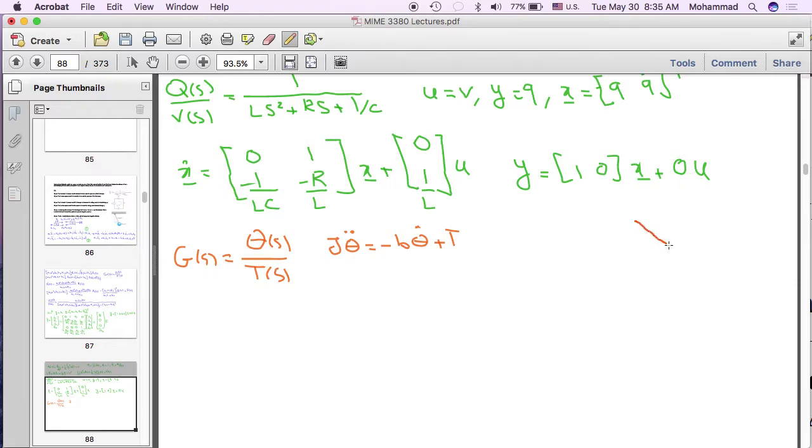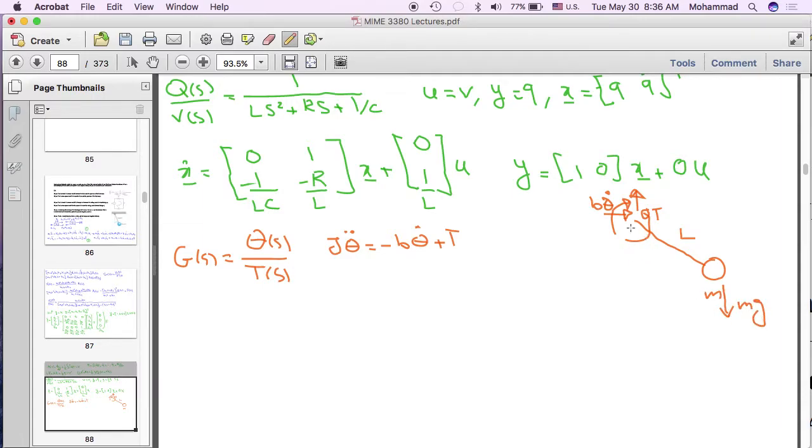So free body diagram, this is massless, this has mass L. There are two reactions here. There is an applied torque T, and there is an opposing B theta dot torque. And here the force is mg.